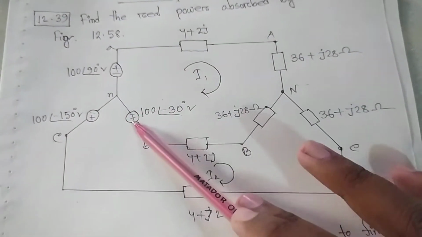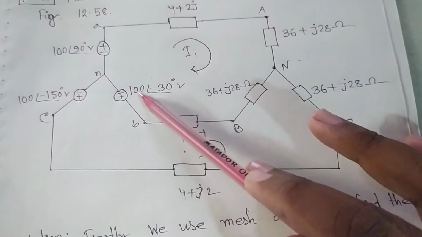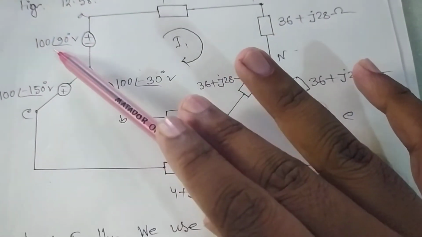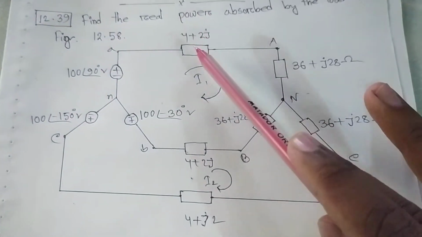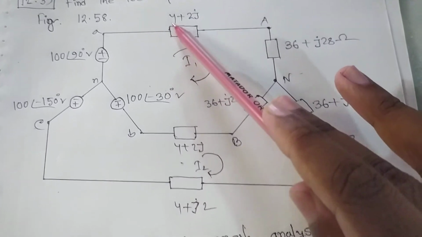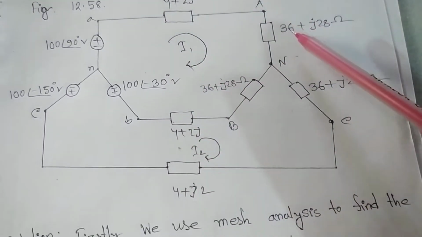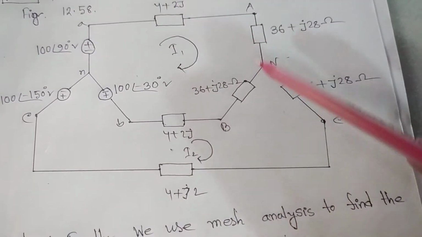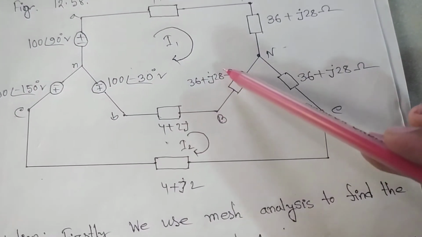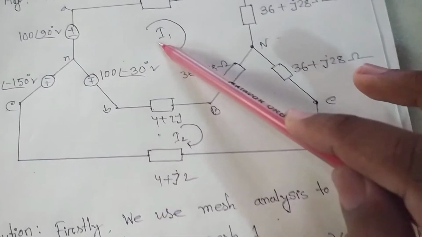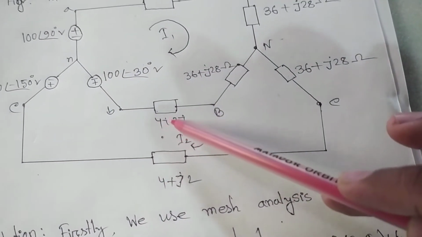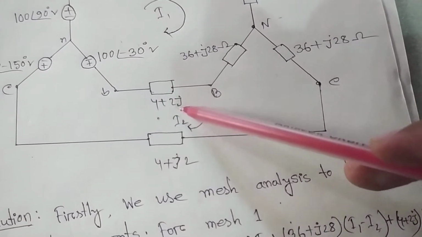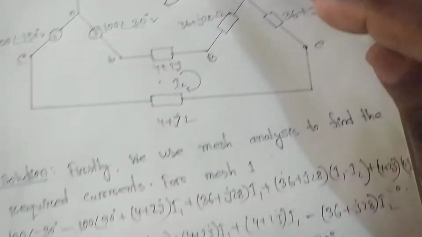See plus and minus: plus 100 angle minus 30 degree, minus 100 angle minus 150 degree, plus 4 plus 2j I1, 36 plus j28 I1, 36 plus 2j (I2 minus I1), plus 4 plus 2j (I1 minus I2).